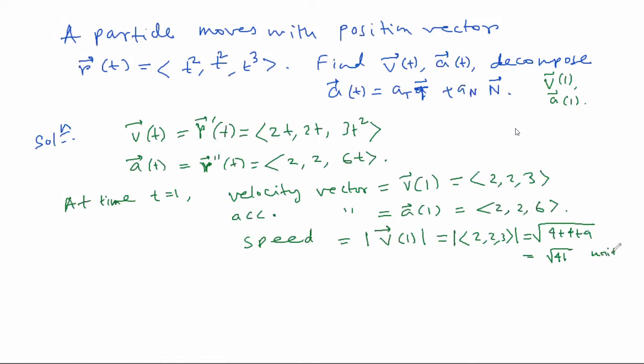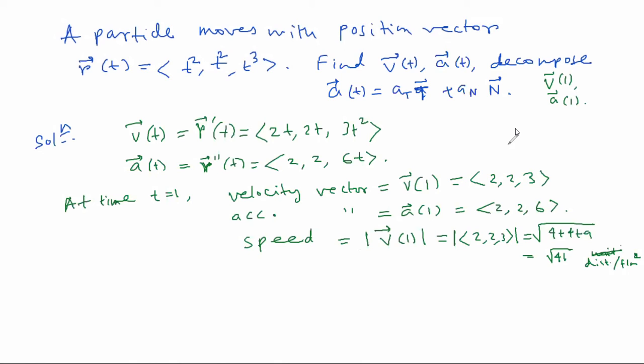Whatever the unit is, this is distance per time. This is the unit. This is the speed. Velocity is a vector. Speed is just a number. Okay.